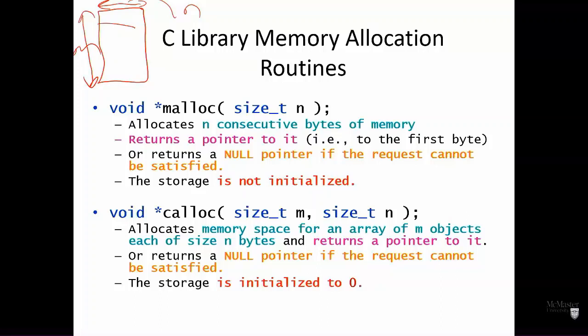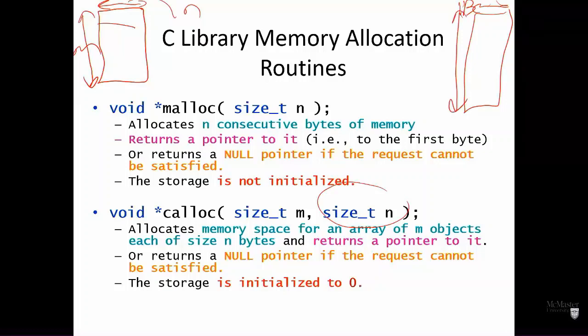On the other hand, malloc is just a 1 byte width. This is why you don't need the other variable here. In order to make it the same syntax, let's call this m, and this has m objects, right? So for malloc, you have m entries, each one of them is just 1 byte by default.